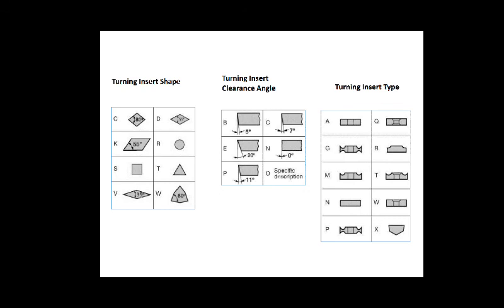Here you can see the different shapes of the turning tools, the clearance angles, and the various types, that is the insert types. First is shape, and here the shapes are given, and the other types are given.